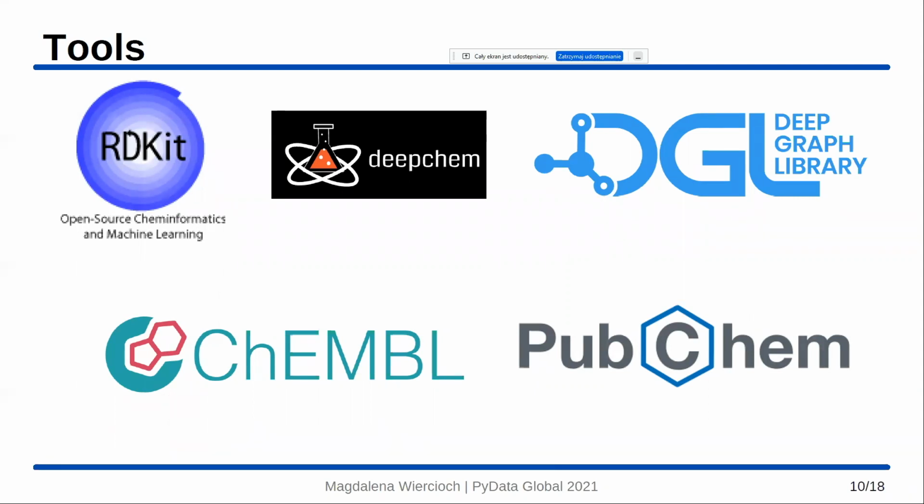The examples include RDKit. RDKit is just a collection of cheminformatics and machine learning software that is written in C++ and Python. Another interesting tool is DeepChem. This is a Python deep learning library for molecular machine learning.